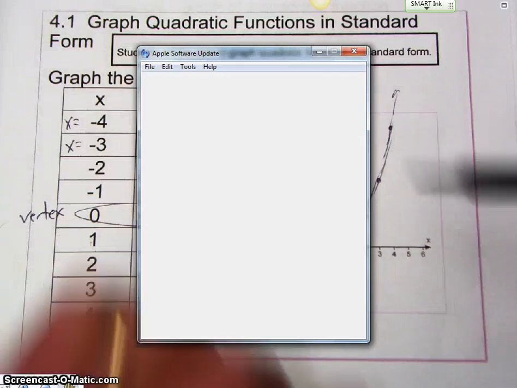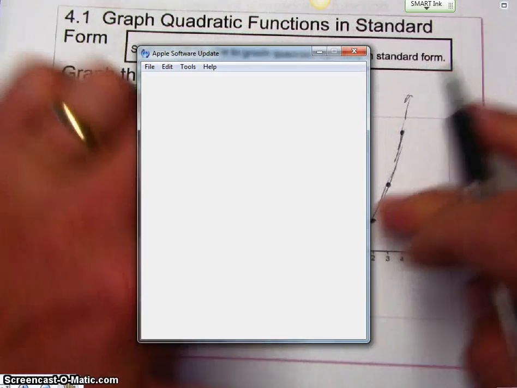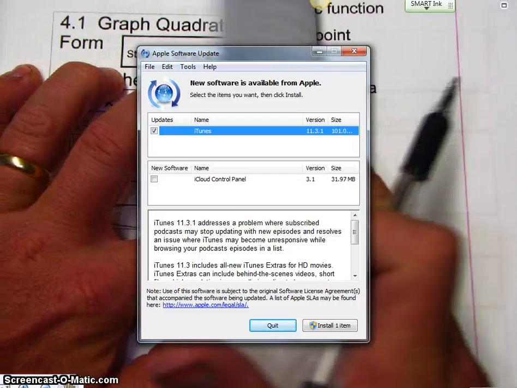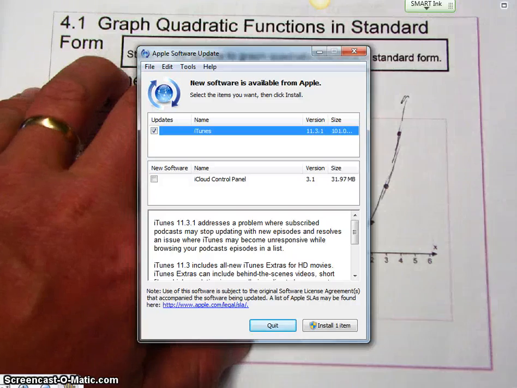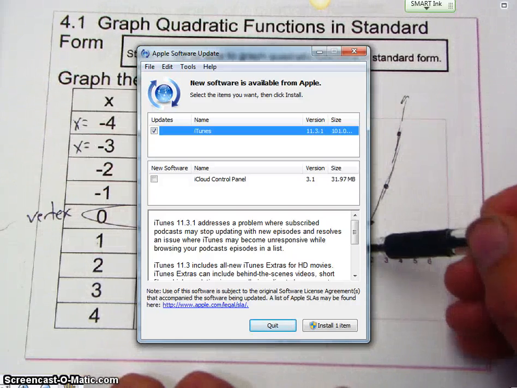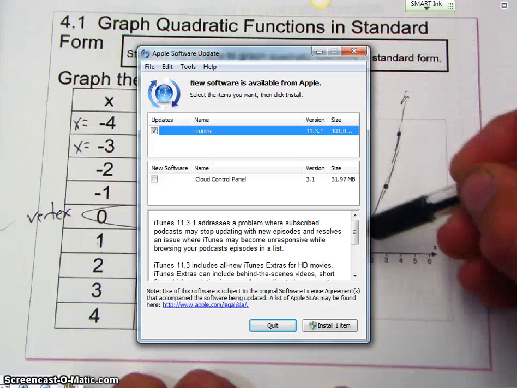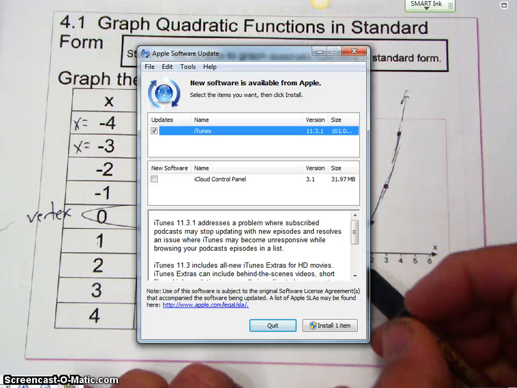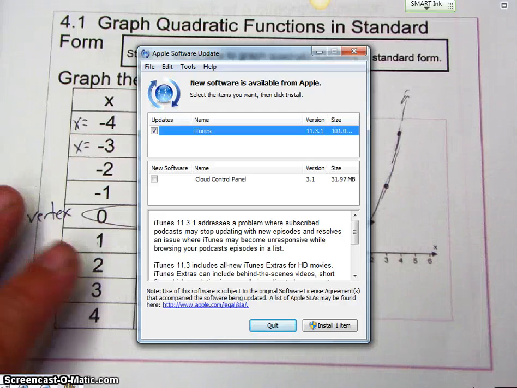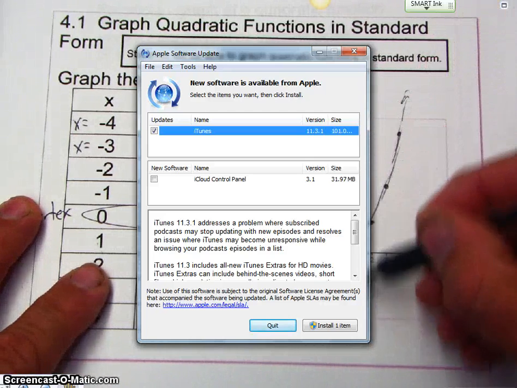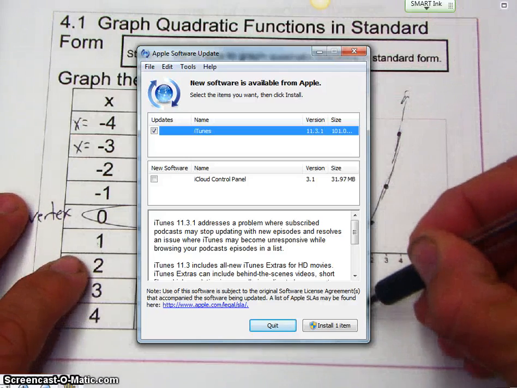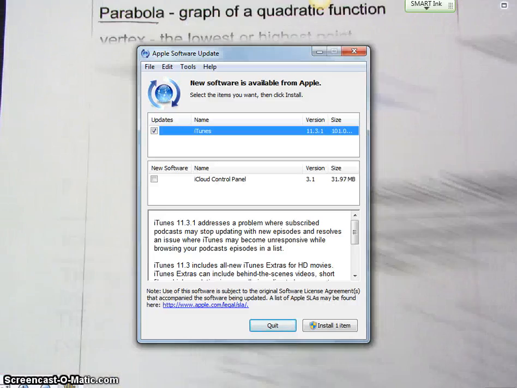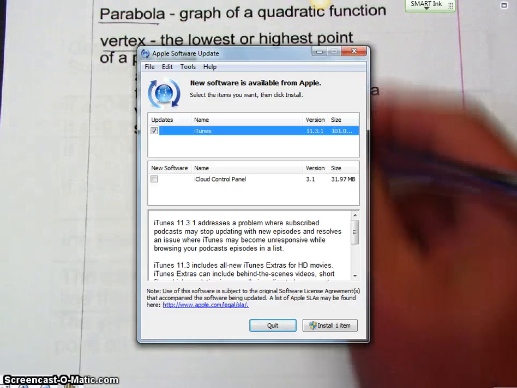If I fold this paper on this dotted line, this part will fall right on top of this part. So this imaginary vertical line is called the axis of symmetry. The axis of symmetry always goes through the vertex.